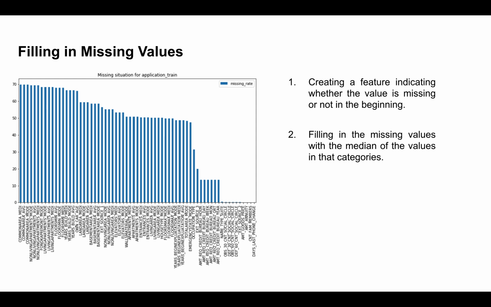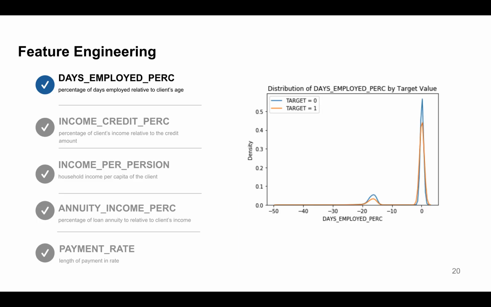So to keep track of the missing features, we create a column recording whether the value was missing before we fill in the values. Then we choose to fill these missing values with the median of the column, which is a statistical approach to handling missing values. It can prevent data loss, which results from removing rows and columns.